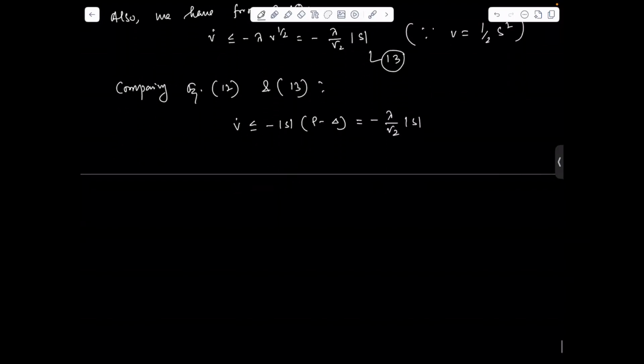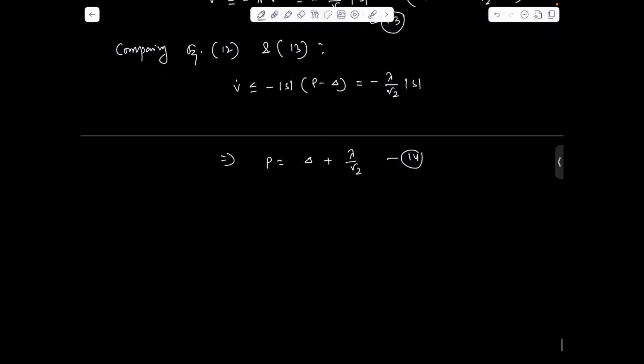Or we can write rho equal to delta plus lambda by root 2. You can also get this from the above equation. Let us define this as equation number 14. So we have rho now.